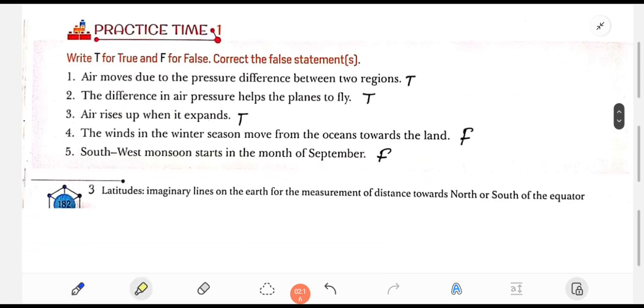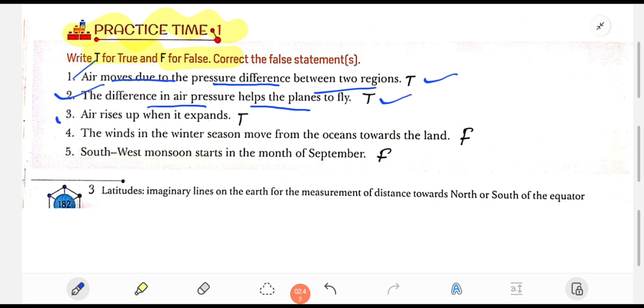Then comes the practice exercise. Here we need to write T for true and F for false and correct the false statements. So first statement is, air moving due to the pressure difference between two regions. So it is true. Then the difference in air pressure helps the planes to fly.